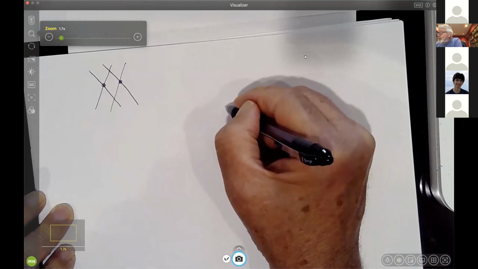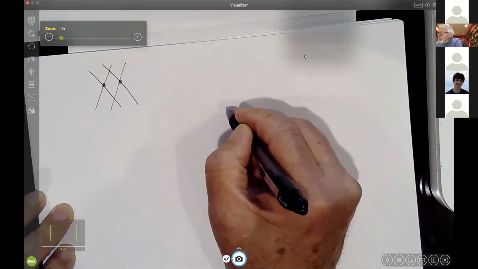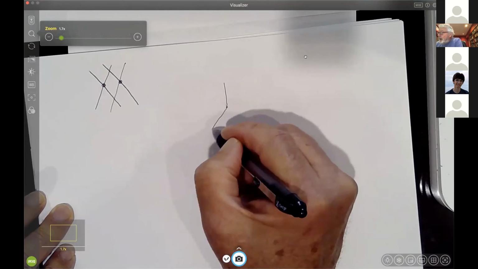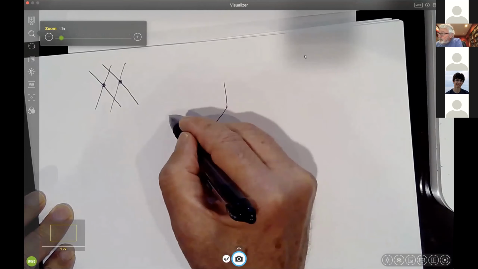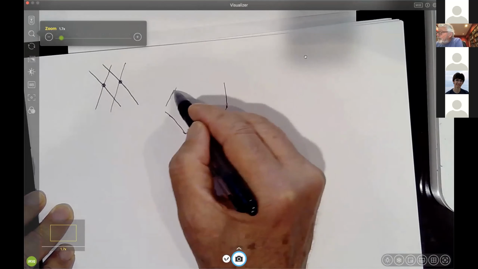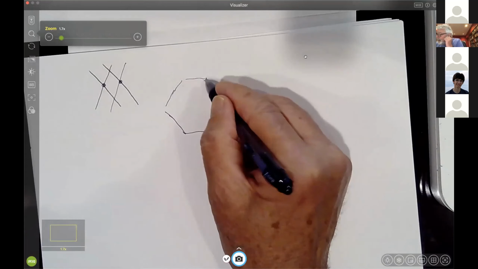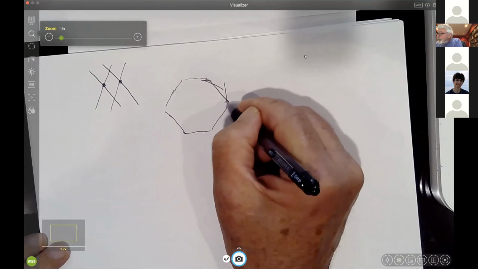This is looking at a particular point in momentum space. If I go back to this picture, let me go over here.